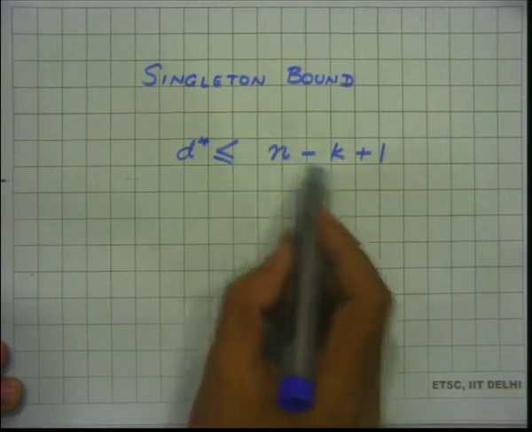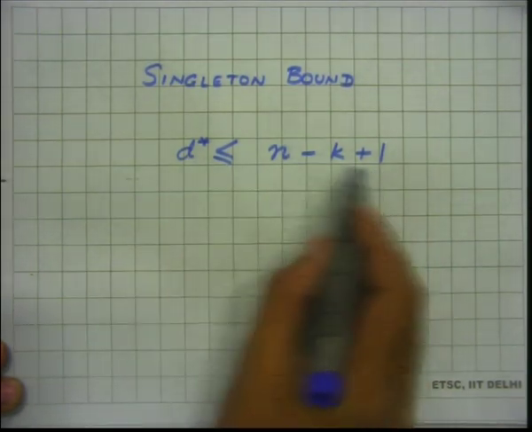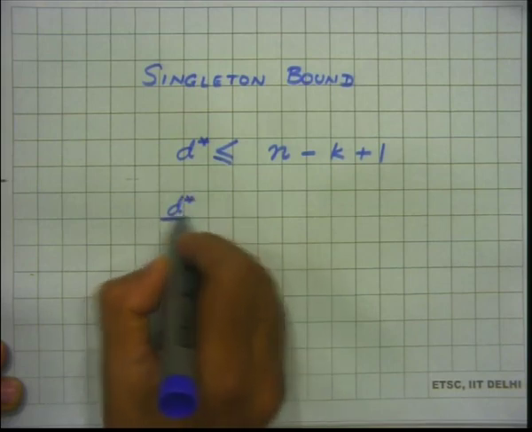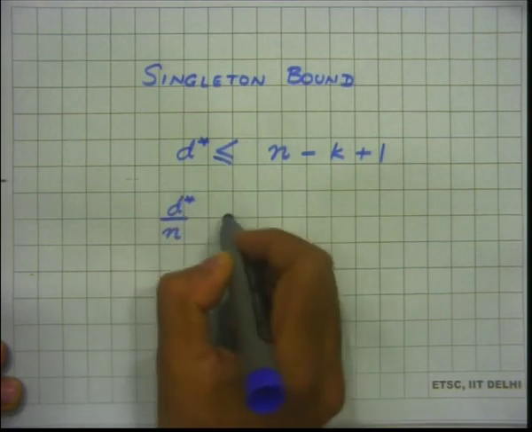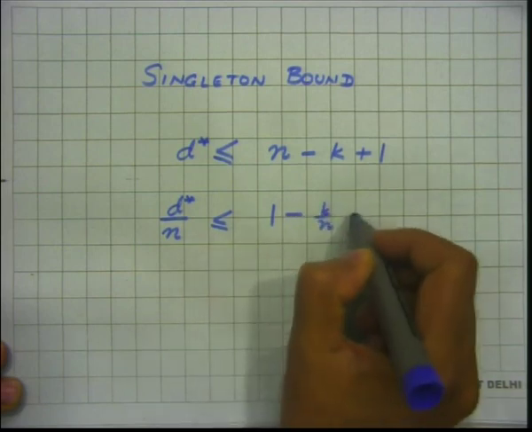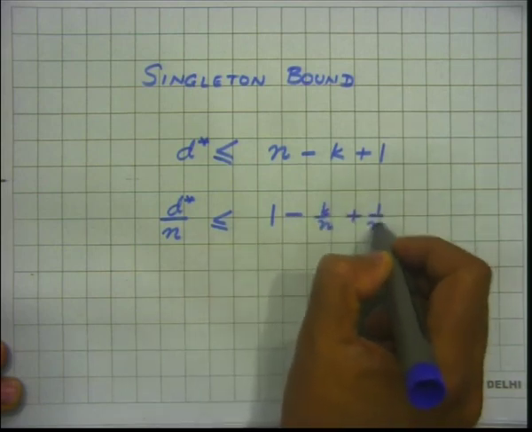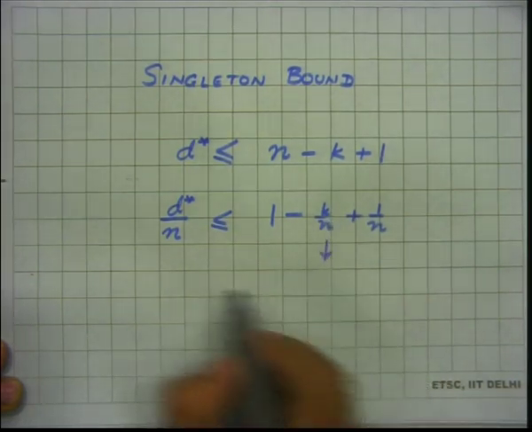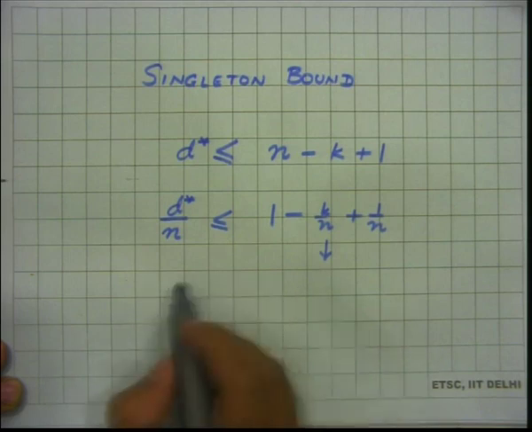So, please note, if you divide both sides by n, you have this normalized distance 1 minus k over n plus 1 over n. But if you see, this is nothing but the code rate of the code.